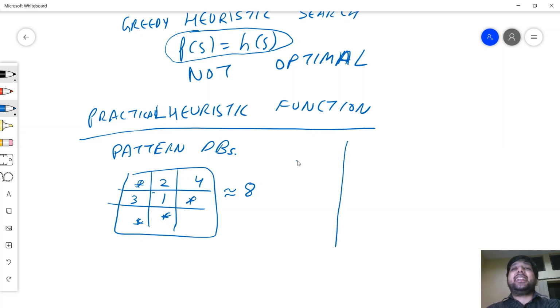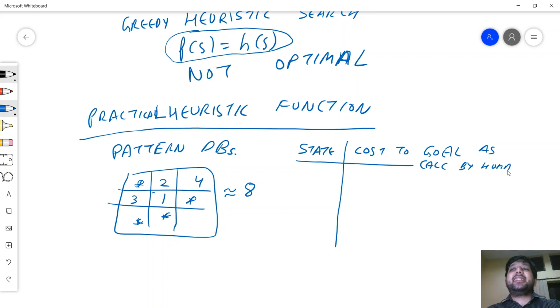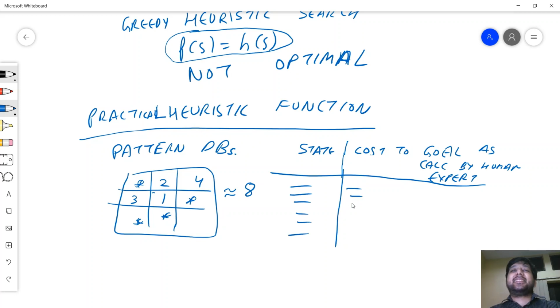And make a database of state and cost to goal as calculated by a human expert. The human thinks he is solving a puzzle. The poor guy doesn't even know you're making a database. You know how a database is populated?